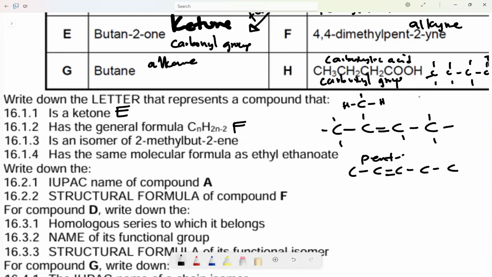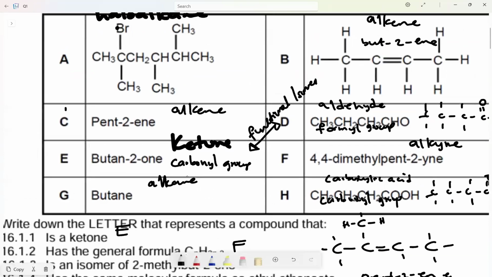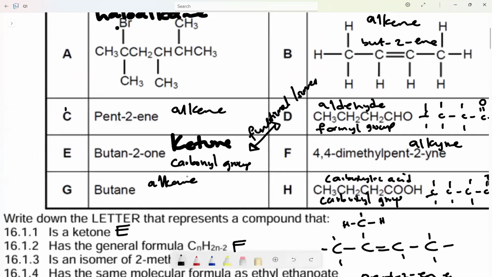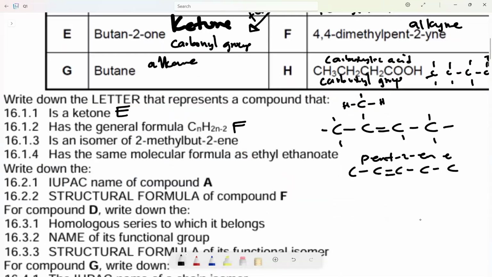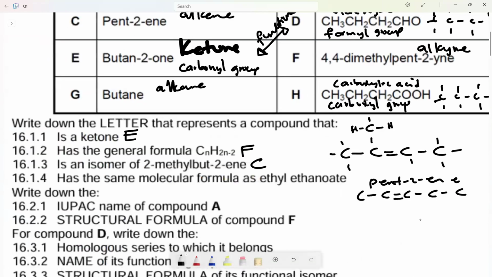Do we have pent-2-ene? If you have pent-2-ene somewhere, it means it is the one. Number C, it is the one. So it is pent-2-ene, which is number C. Very good.